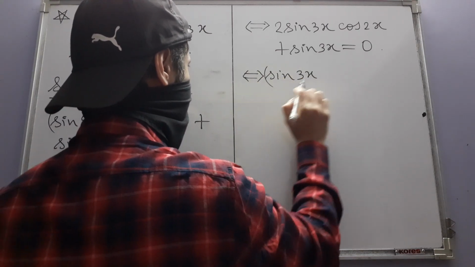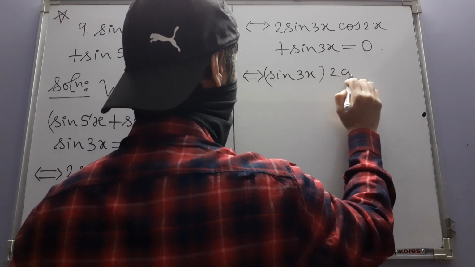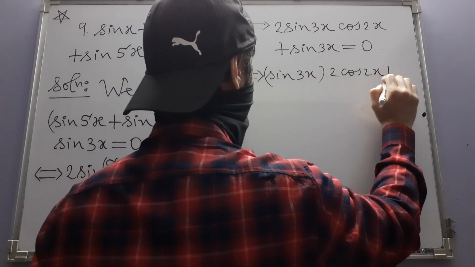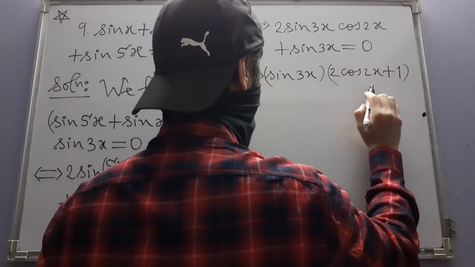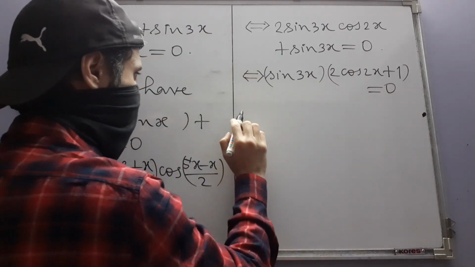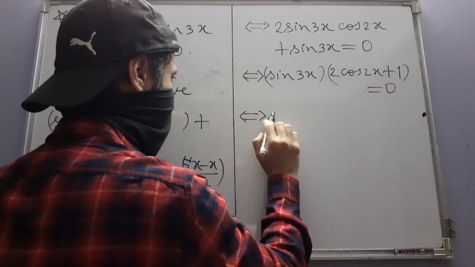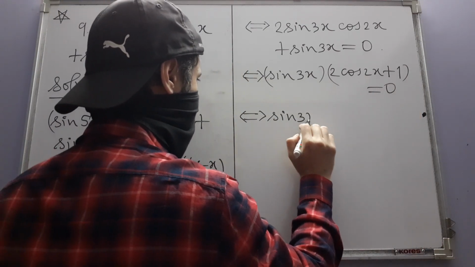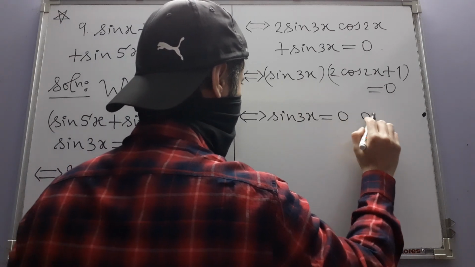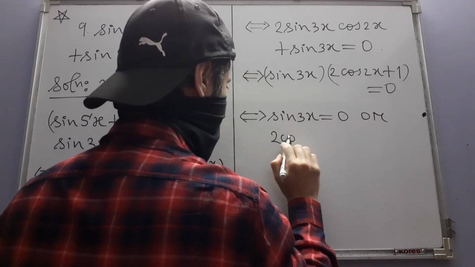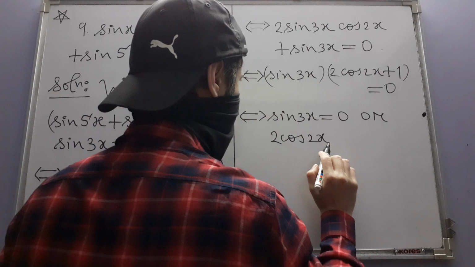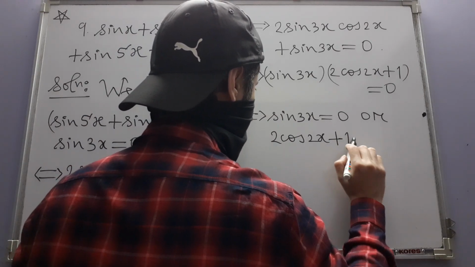So sin 3x times 2 cos 2x plus 1 equals 0. So either sin 3x is 0 or 2 cos 2x plus 1 is 0.